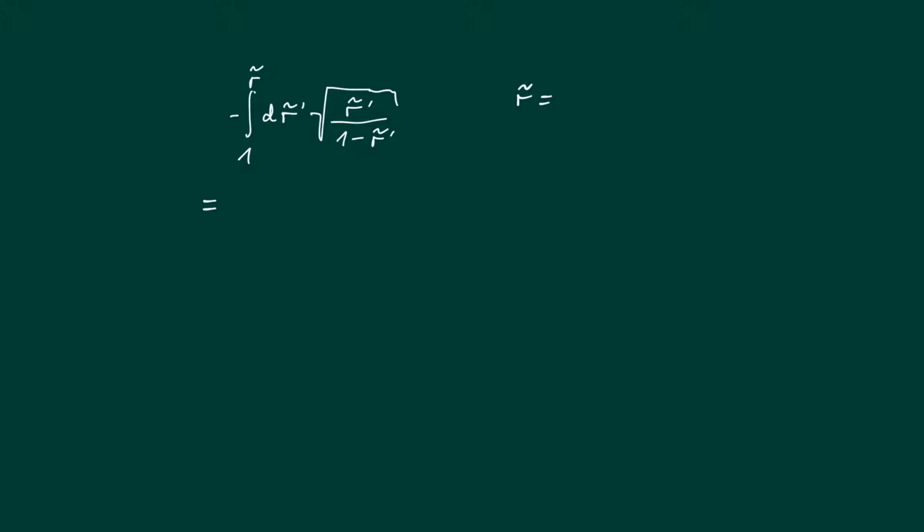So the first substitution is we replace radius tilde by sine squared, because this will give us here a cosine squared, and due to this replacement we have for the differential sine y times cosine of y dy, and this expression can be simplified by sine of 2y dy.